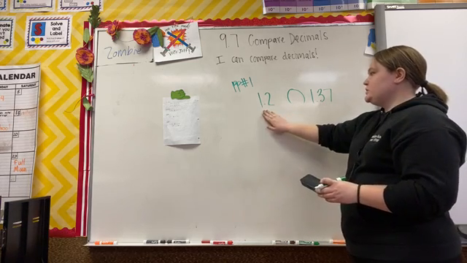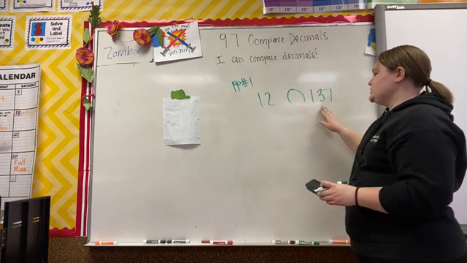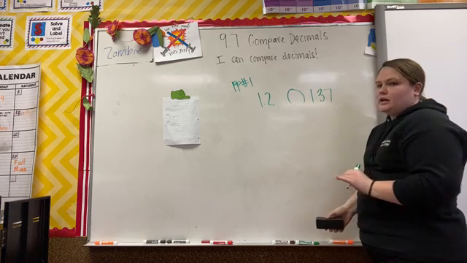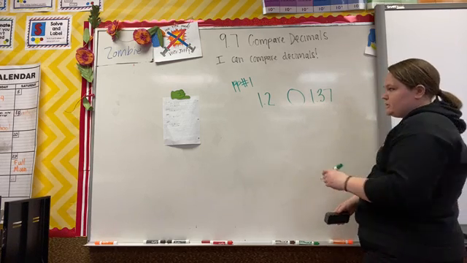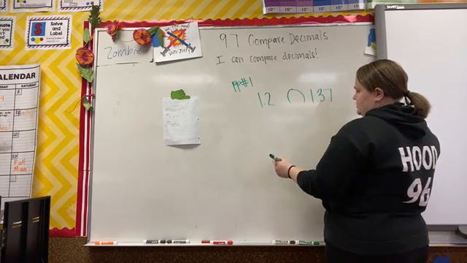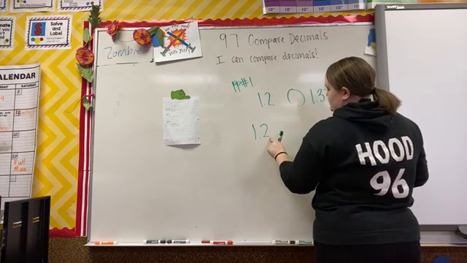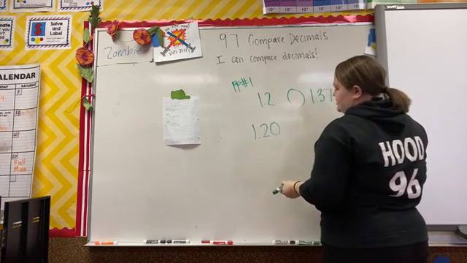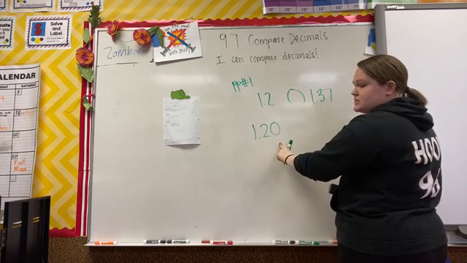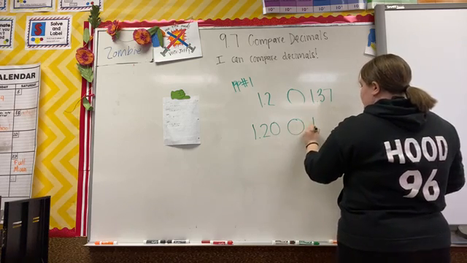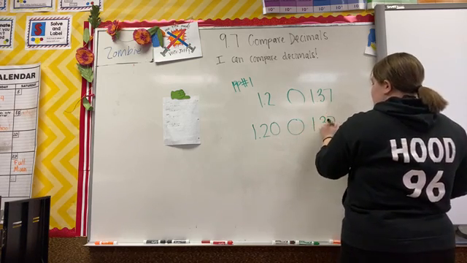You have 1 and 2 tenths compared to 1 and 37 hundredths. First step, make them both in the same place value. Okay, I have 1 and 2 tenths, but if I want to get into hundredths, I add a 0. Now I have 1 and 20 hundredths compared to 1 and 37 hundredths.